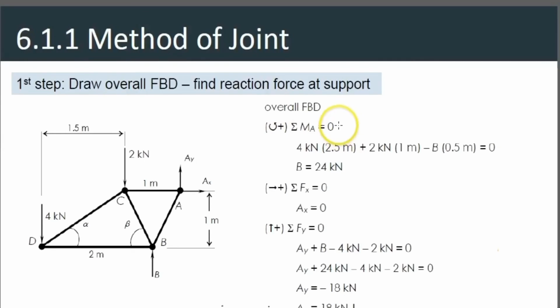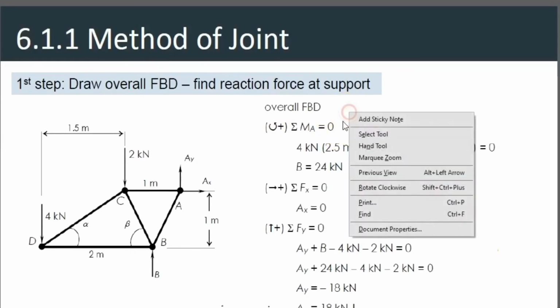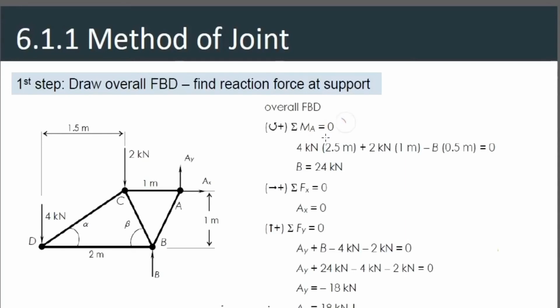First we need to find the moment from the point A. So macam ni kita nak kira the total moment which must equal to 0. So we need to consider every force that is connected to the point A. Okay. So if we look at here, which is 4 kilonewton, so the distance here 1.5 tambah 1 meter, dapatlah 2.5. So darab 4 kilonewton ni kita akan dapat, which is counterclockwise.